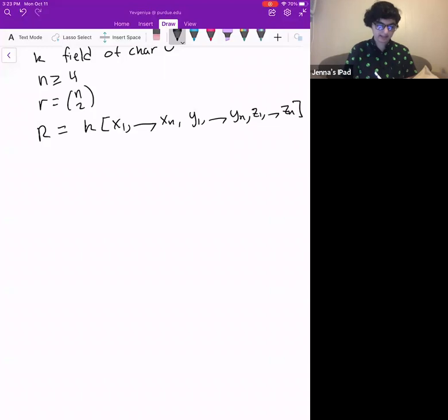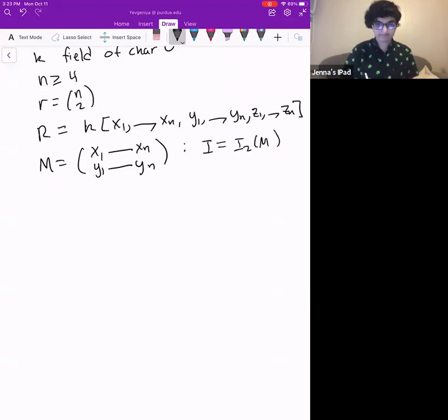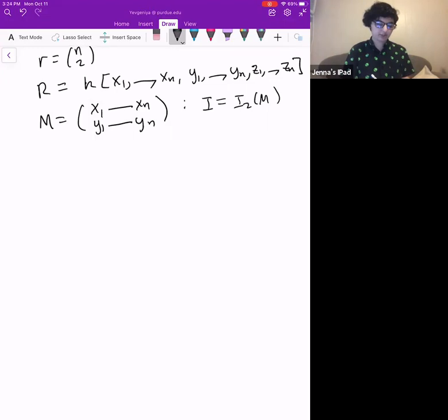And we're going to let M be the 2 by n matrix with all the x's in the first row and all the y's in the second row. And we're going to let I be the ideal generated by the 2 minors of M. And for notational reasons, we're going to say delta ij is xi yj minus xj yi. And notice that these delta ij's are just the ij minors of M.